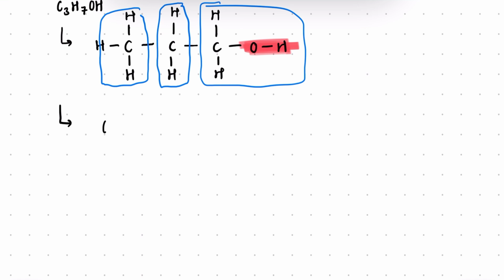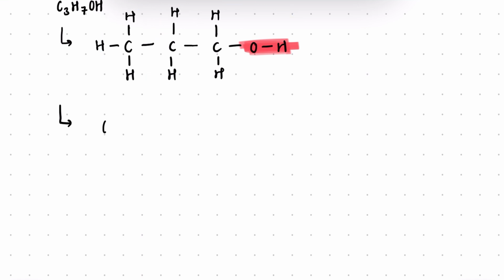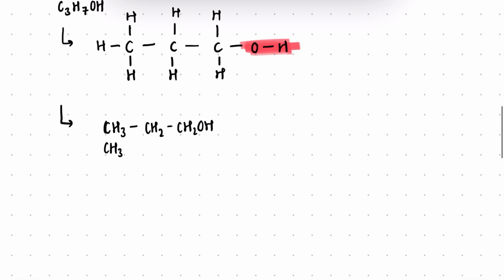But either way, these are the things that we have to mention separately while talking about our condensed formula. So let's see. This could be written as CH3, CH2, CH2OH. You could write it like that, or you could put it like this too. That's your choice.